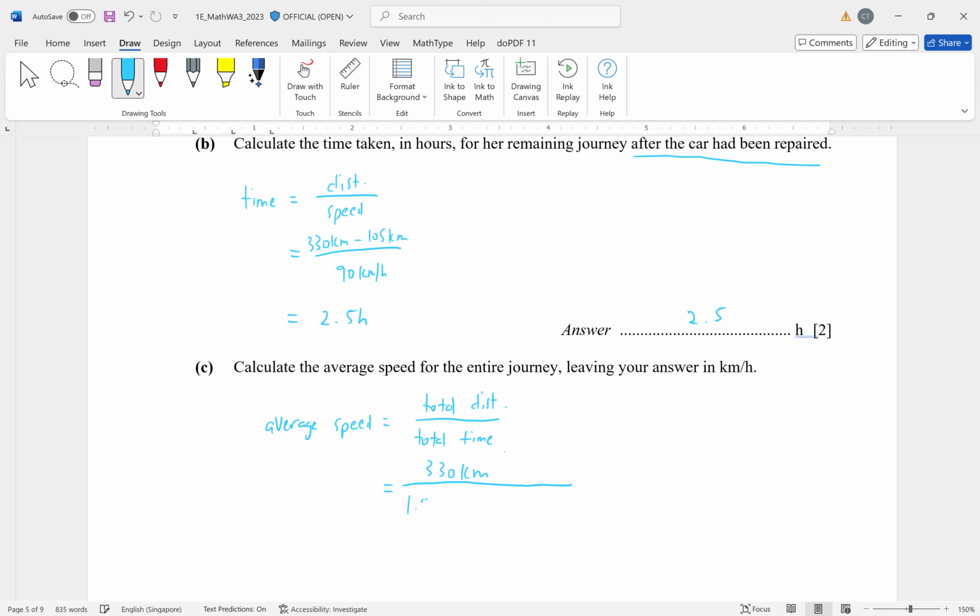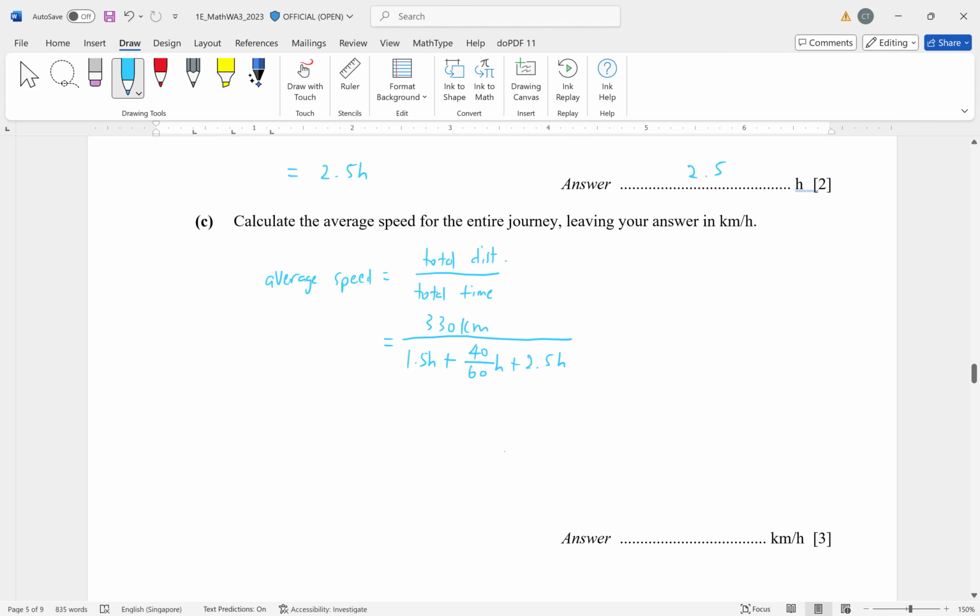So for the first part of the journey, 1.5 hours, but the car broke down for 40 minutes, so converting to hour, 40 over 60. And then the second part of the journey, 2.5 hours. You just add up this whole timing, then take 330 divided by that timing, right? So you'll get 70.7 kilometer per hour, right? Give your answers to 3 significant figures.